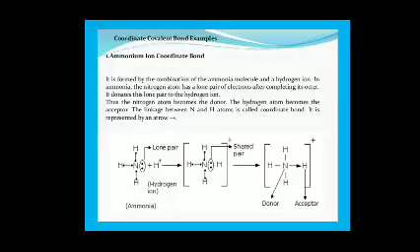Hydrogen has only one electron in its valency, and on loss of that electron it forms a hydrogen ion. This hydrogen ion is 1s0, so an empty orbital is present in its valency shell. This H plus ion acts as the electron pair acceptor. Ammonia is the donor, H plus ion the acceptor.